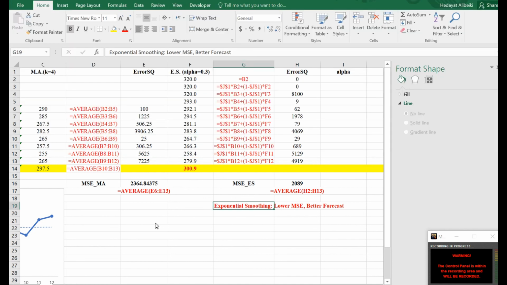So part C is equal to 300.9 for the next one. That's it for this question.